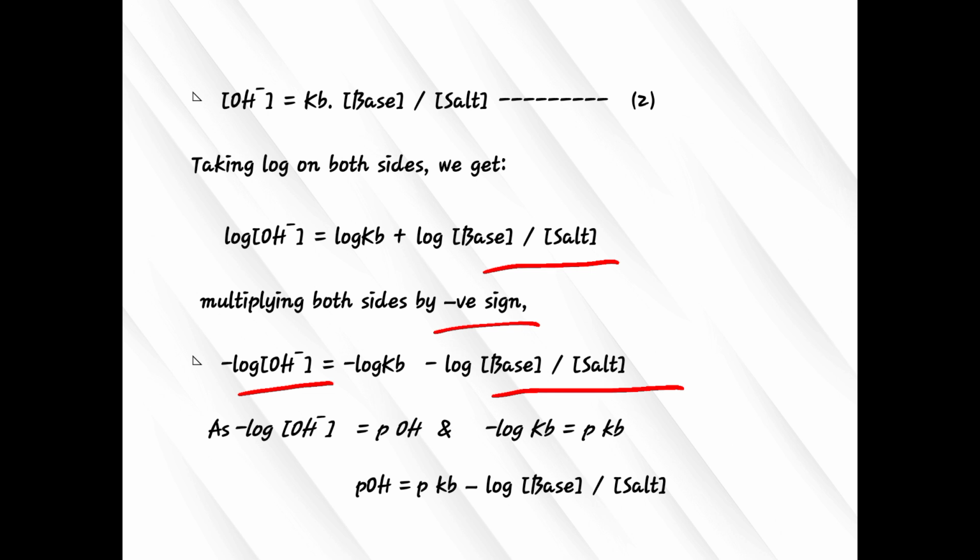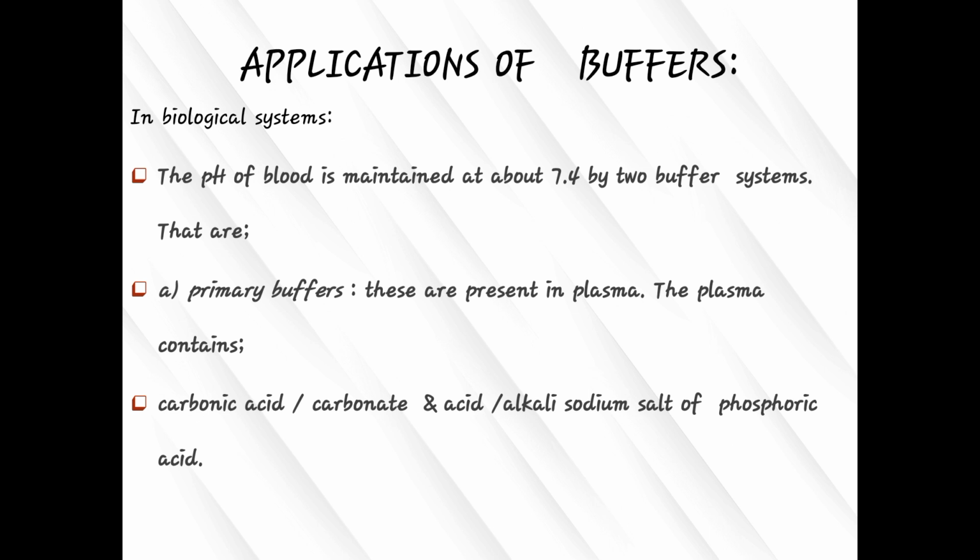The negative logarithm of OH− concentration is pOH, and negative log Kb equals pKb. Therefore, pOH equals pKb minus negative log of the concentration of base divided by negative log of the concentration of salt.